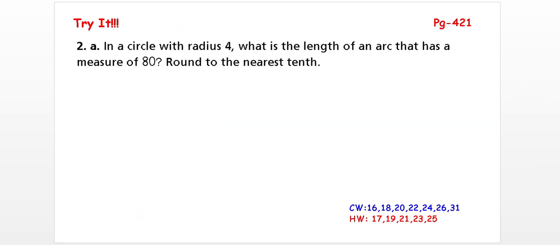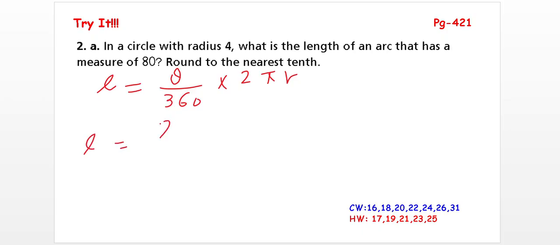Here, the first one says, in a circle with radius r, what is the length of an arc that has the measure 80 degrees, rounded to the nearest tenth? Now, what is the formula for the length? So this is the formula for the length. Length equals theta over 360 times 2 pi r. Now let's substitute the values into it.